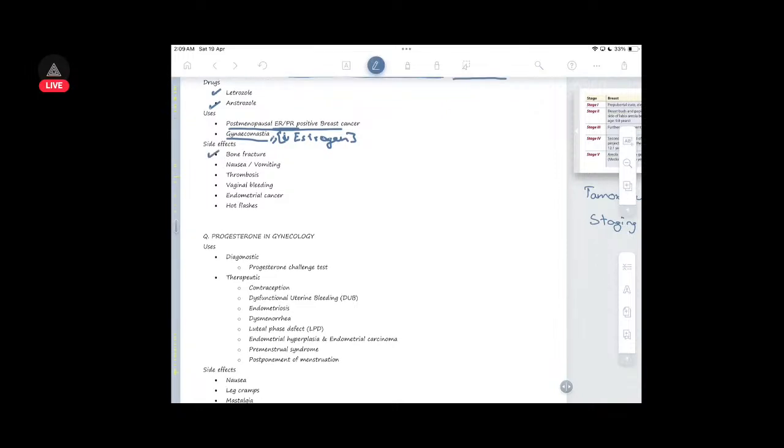Side effects will be bone fracture, nausea and vomiting, thrombosis, vaginal bleeding, endometrial cancer, and hot flushes.